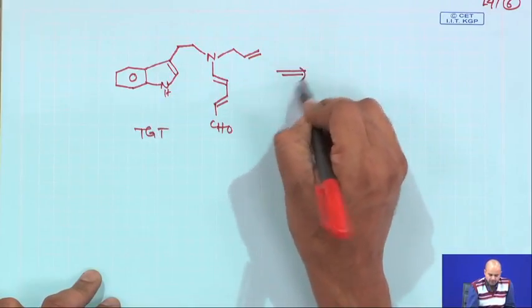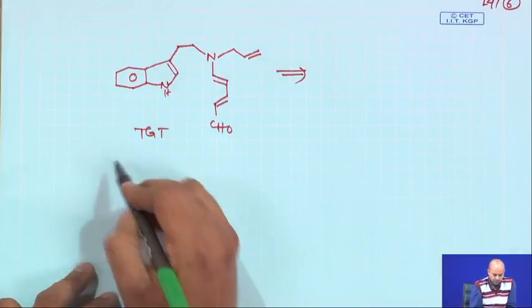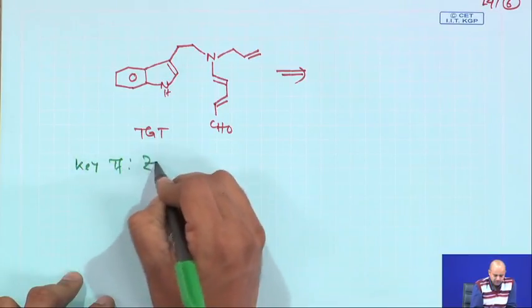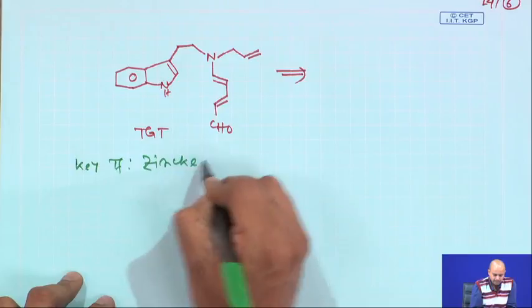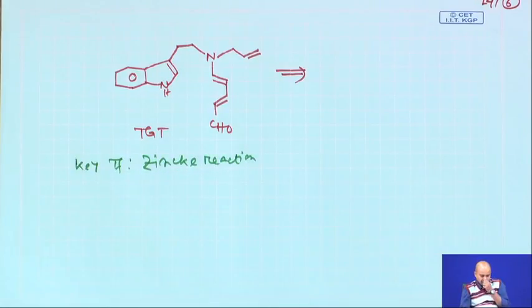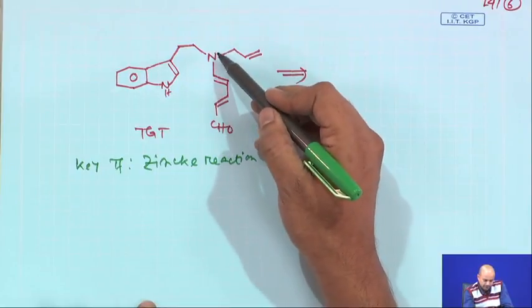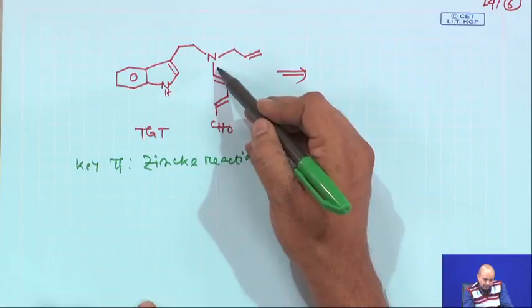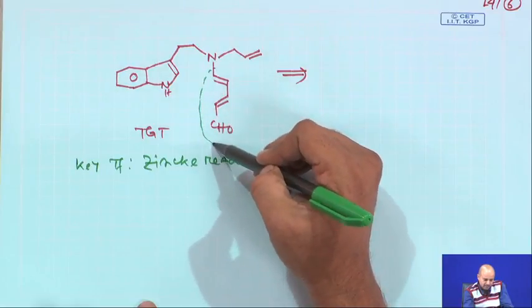You have to identify the starting materials, and your key hint is that the key transformation uses the Zincke reaction. We said that this alpha beta unsaturated, conjugated aldehyde, you can construct by Zincke reaction.